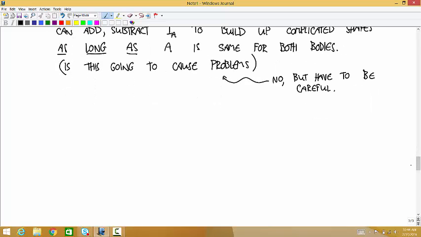Okay, so here are the 4 simple shapes that we're going to use for moment of inertia. How come I only see 3 shapes there? Oh yeah, 4 simple shapes.